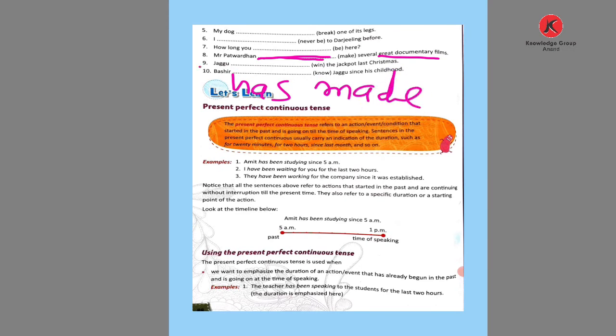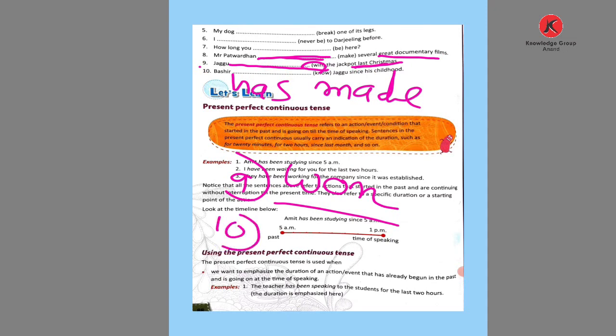Then number 9: Jaggu blank the jackpot last Christmas. Here we use last Christmas, and the verb given is win. So the answer is only won, a simple past tense. Now number 10: Basir blank Jaggu since his childhood.